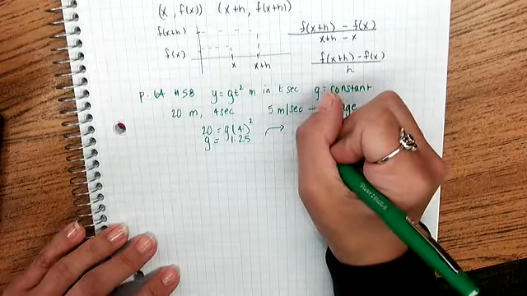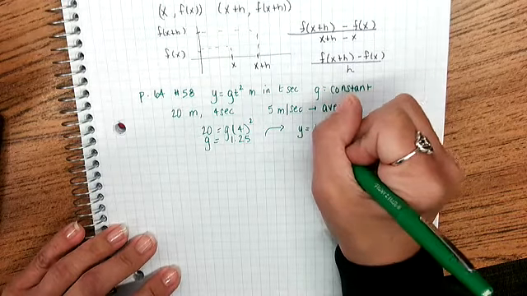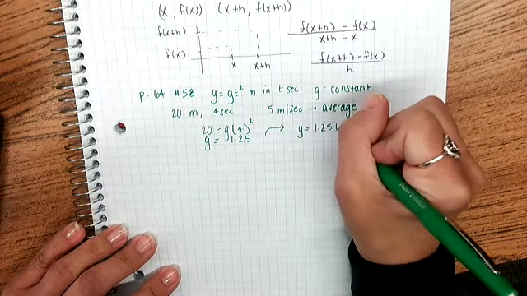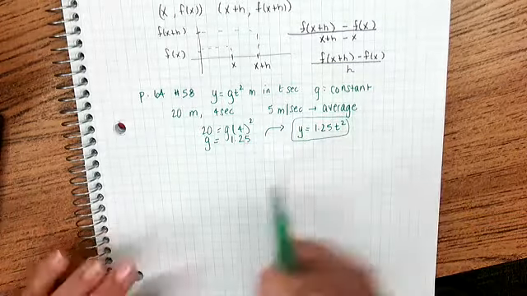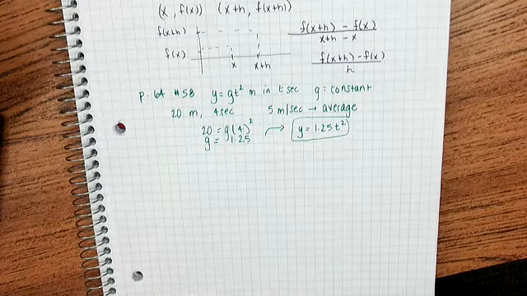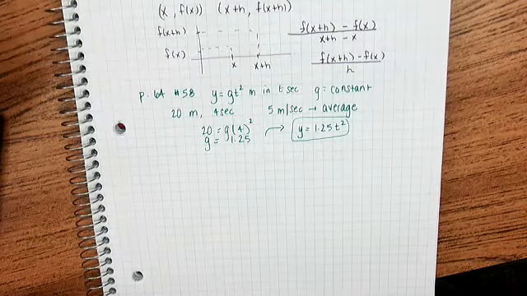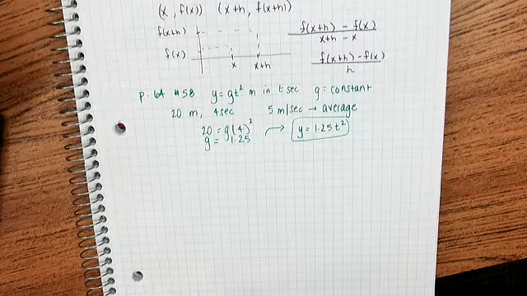So we have that y is equal to 1.25 t squared. So this is your equation, and 5 meters per second is your average speed. That's all well and good, but what we really care about is, with what speed did the rock hit the bottom?